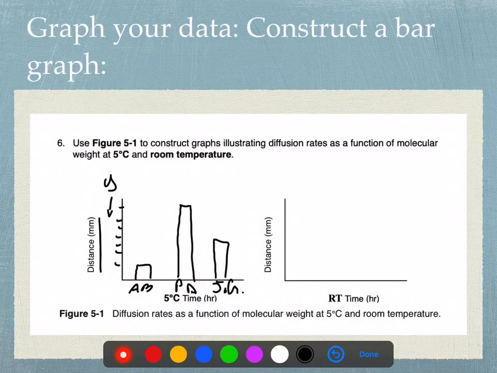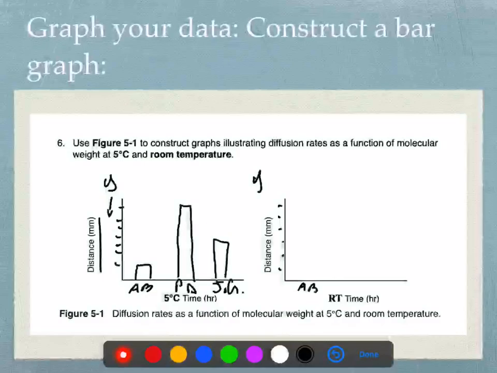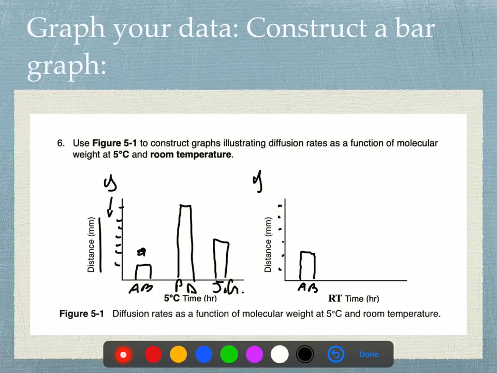We want to have a visual representation, a graphical representation of what we see. And then for room temperature, let's try and keep the same sort of scale so that we can compare. And you'll see that aniline blue should travel a little bit farther than it did at 5 degrees. It should travel a little bit farther at room temperature.